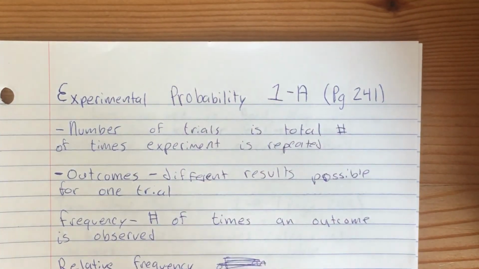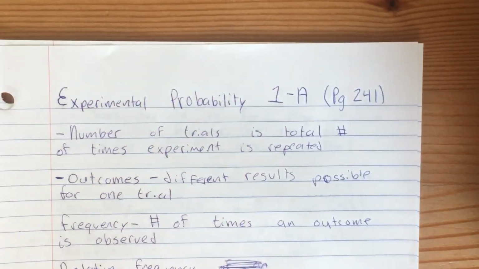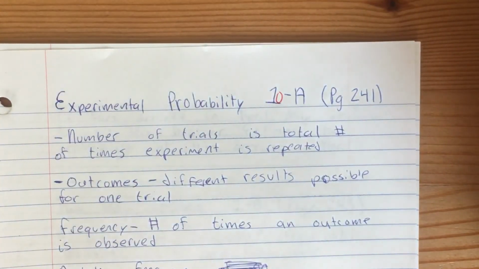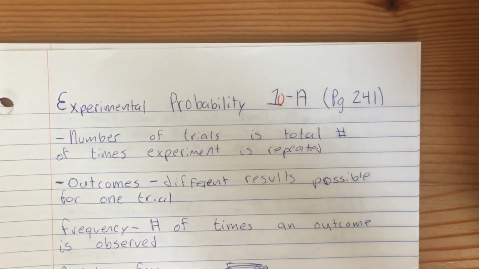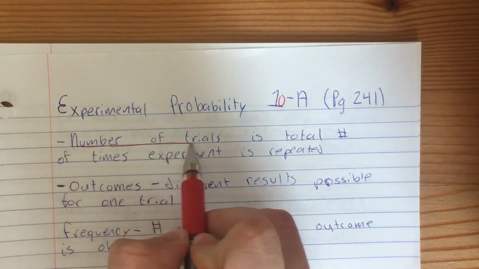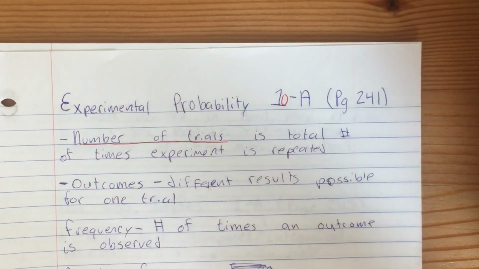We're starting on page 241 in your books, in section 10A. We're going to be talking about experimental probability to start. A couple of vocabulary words first. The number of trials in an experiment is the total number of times that an experiment is repeated.